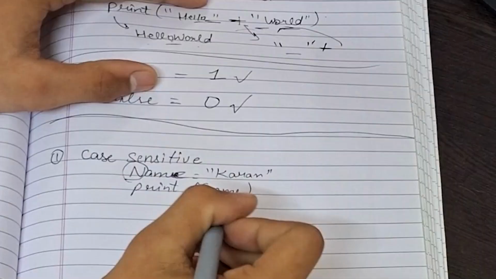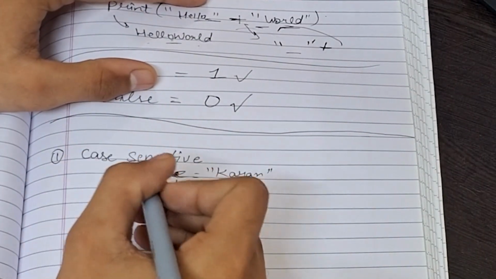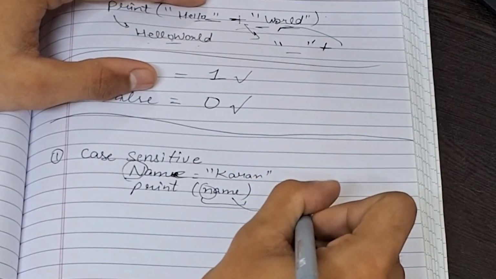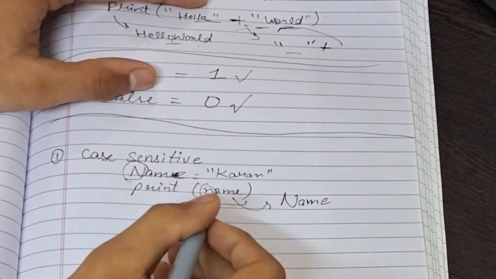Why? Because name is never defined or declared. It is a case sensitive thing. If you write it with a capital N inside the print, then it will print. Otherwise, it will give an error.